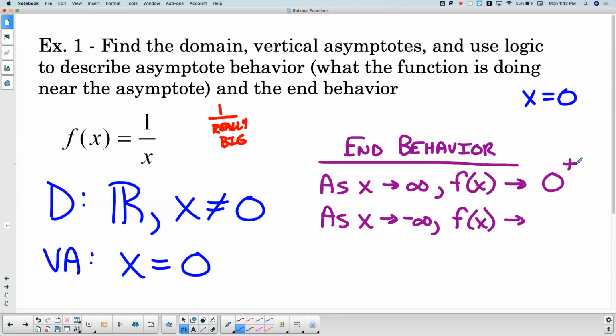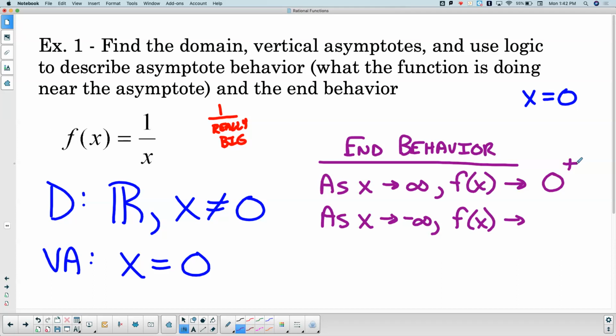As x approaches negative infinity, now I've got 1 over a really big negative number. So it's going to go to infinity, right? So what's my function going to go to?